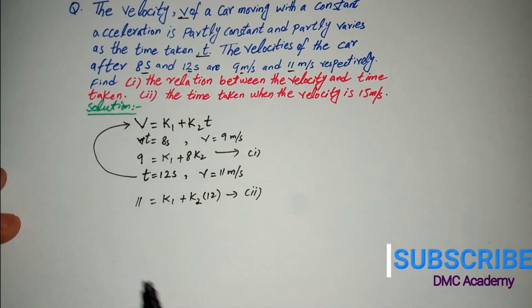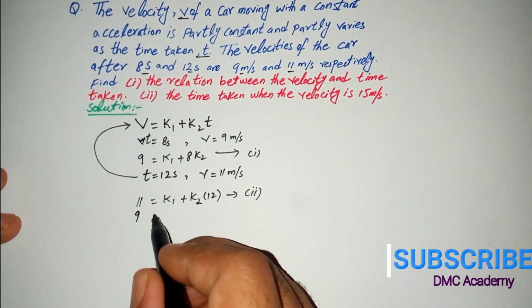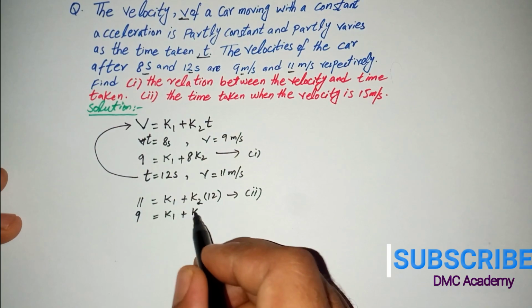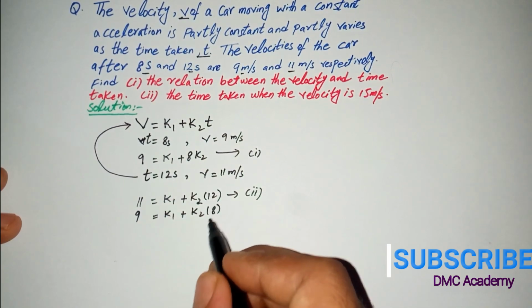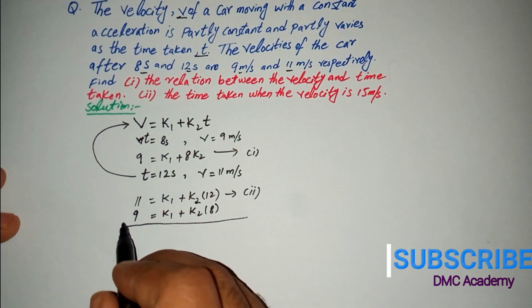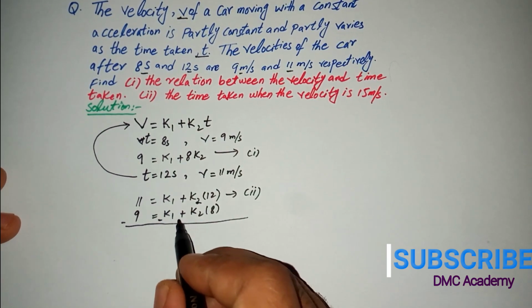For that, let us write down that equation here. 9 equals k1 plus 8 k2. Let us subtract. When you are going to subtract, you are going to change the signs. Plus changes into minus.